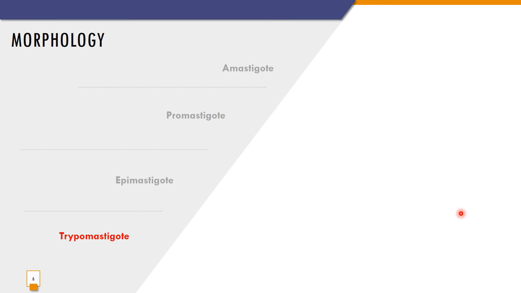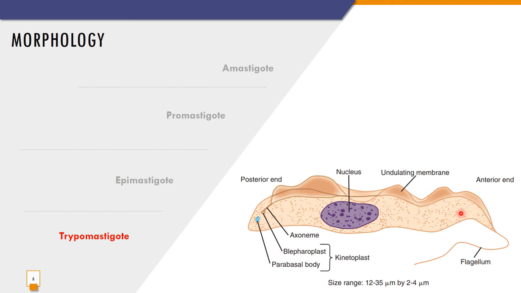Next and last, the trypomastigote. The typical trypomastigote measures 12 to 35 micrometers long by 2 to 4 micrometers wide and may often assume an S shape, C shape, or U shape. But in this picture, it is elongated just to make the organelles more visible. Okay? So there is a posteriorly located kinetoplast from which emerges a full body length undulating membrane.